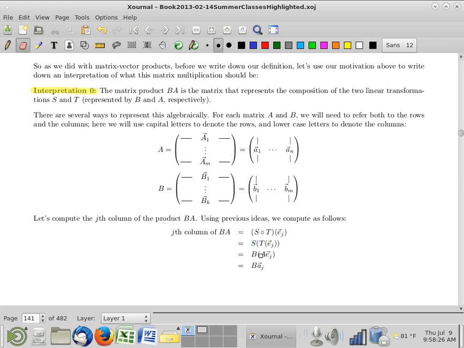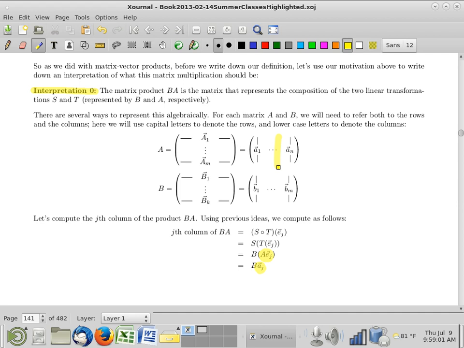And good news, I already know what that is. I already know what it means to multiply a matrix A times a standard basis vector, or in fact any vector. And again, the columns are the images of the standard basis vectors. So A times a standard basis vector e_j is a_j, that jth column of the A matrix.